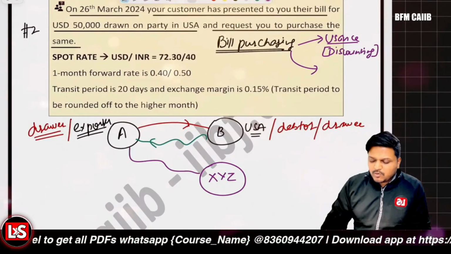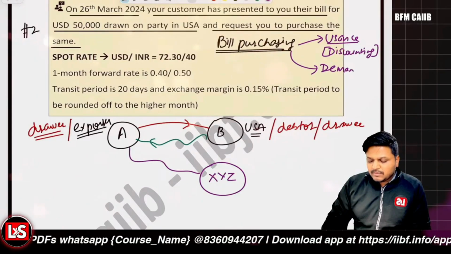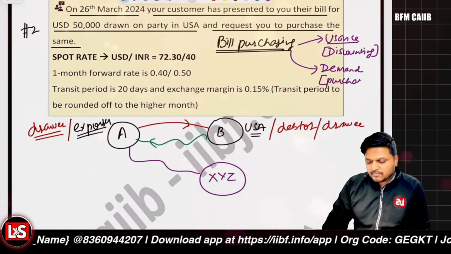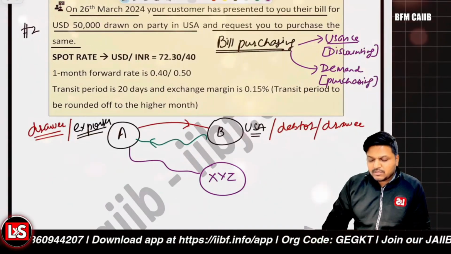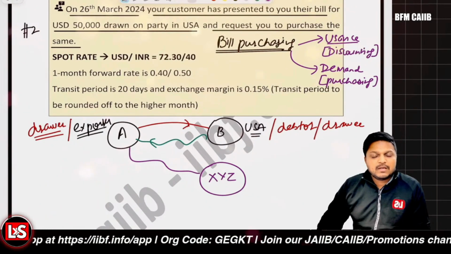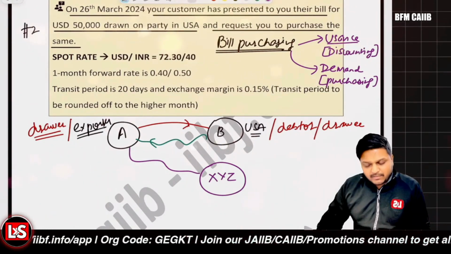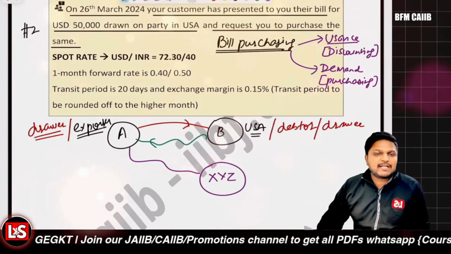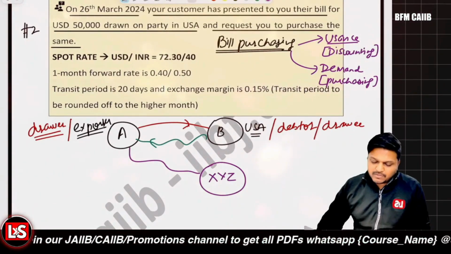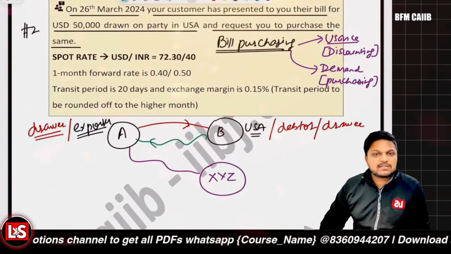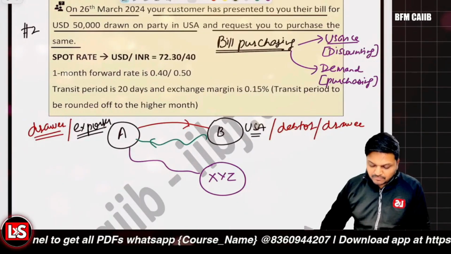But when we're talking about the demand bill, the term used is purchasing the bill. It's a different nomenclature. A demand bill is repaid when it is presented, and a usance bill has a fixed tenure or credit period given, or let's say a future due date is given. That's a usance bill of exchange.